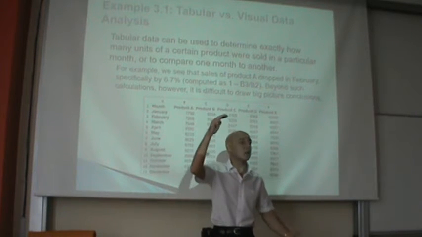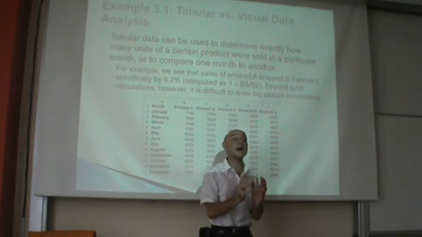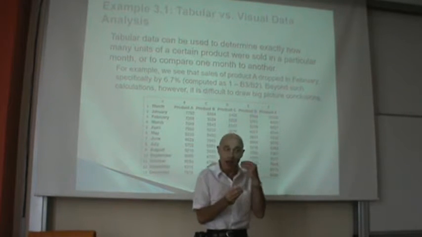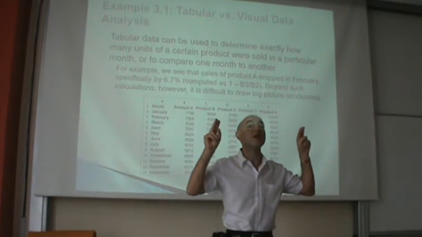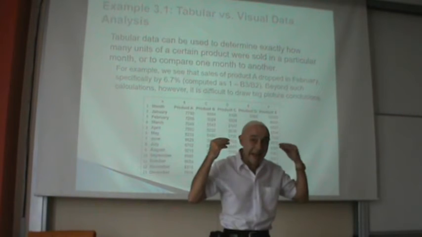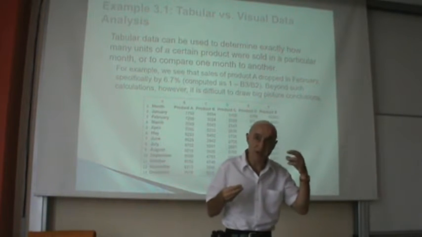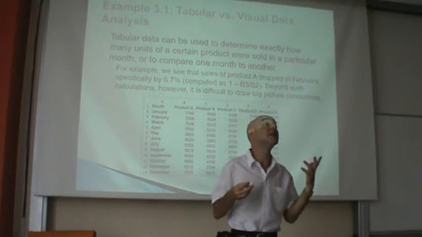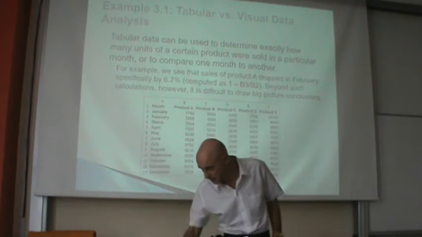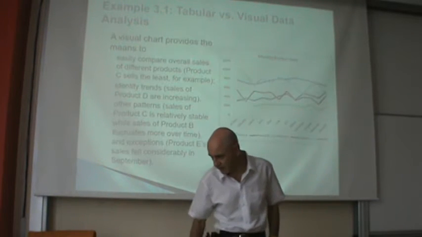Somehow, if you have a lot of data, you need to summarize it. You need to summarize it in a, and here's the key word, meaningful way. Somehow you can draw meaning, somehow you can draw conclusions. Let's see what we have.